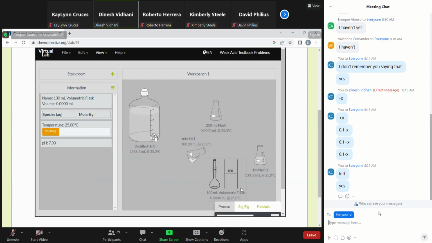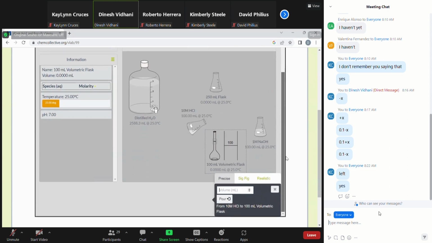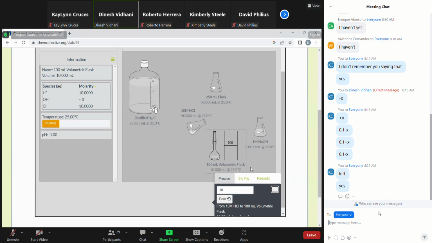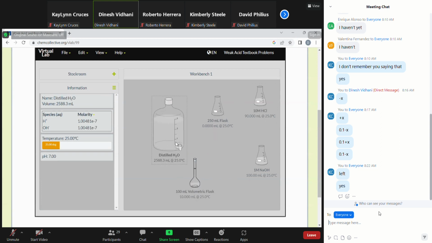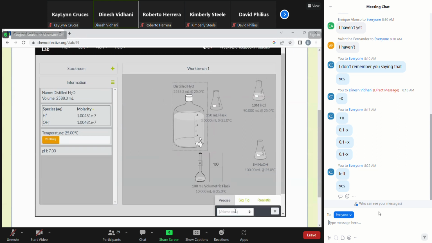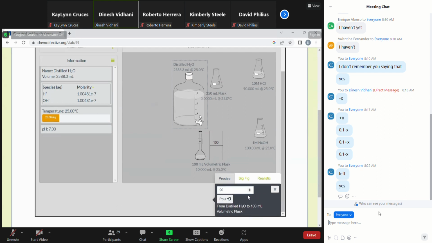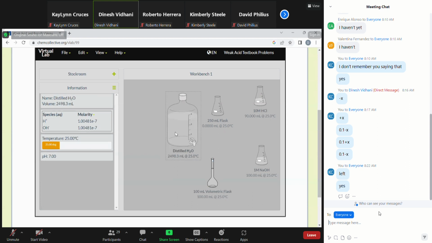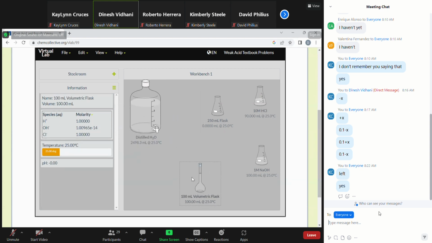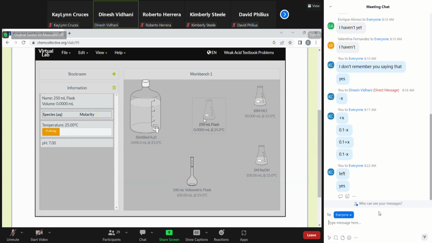How do I do that? Using the same formula. I take 10 milliliters of my 10 molar solution, and if I dilute it to 100 ml, this solution is 1 molar, right?